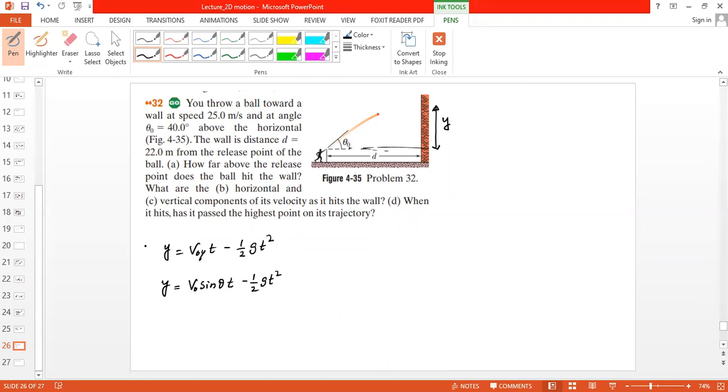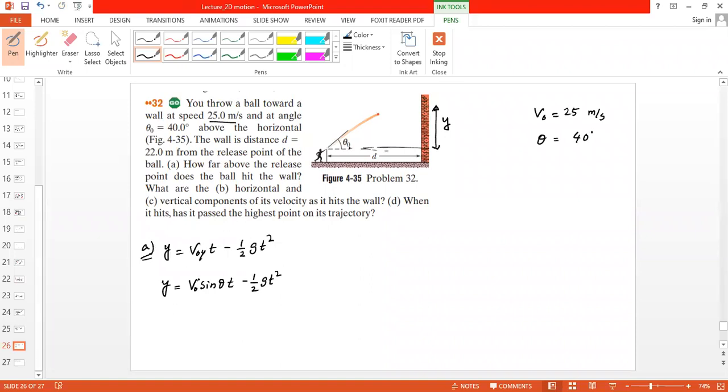এটা হচ্ছে y height, এটা বের করতে হবে আমাকে পার্ট a তে। এখন what is given to me? আমাকে বলা আছে ইনিশিয়াল ভেলোসিটি 25 মিটার পার সেকেন্ড। So v naught বলা আছে which is 25 meter per second. And also they told me that theta equal to 40 degree.